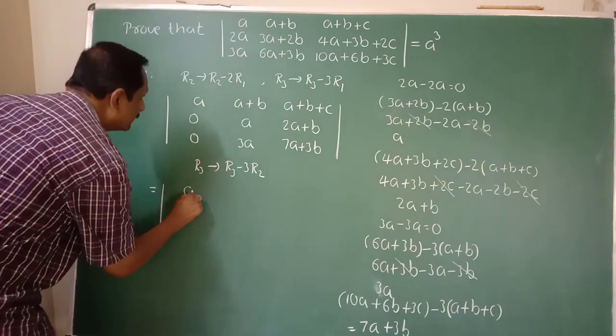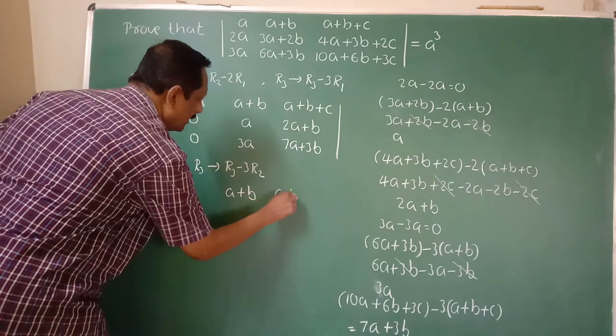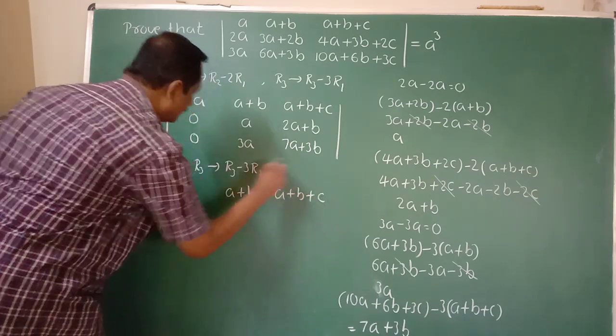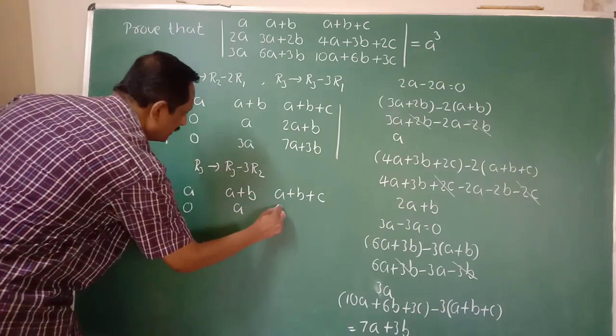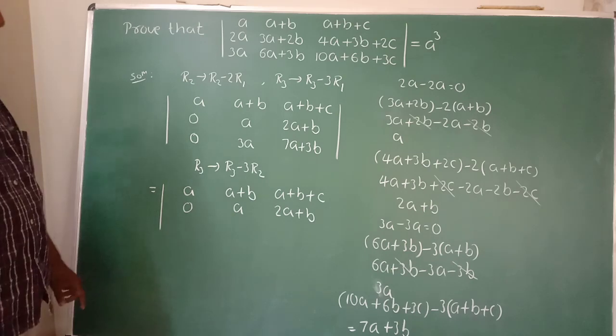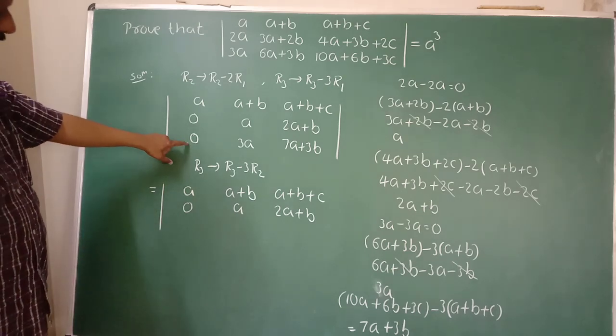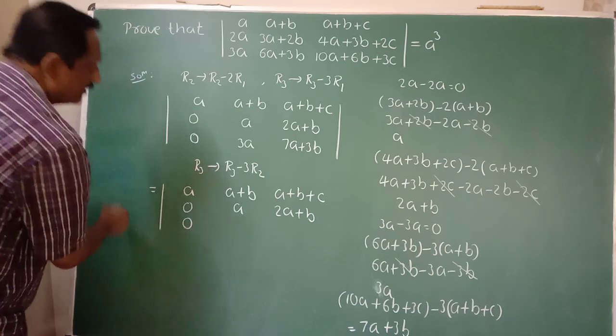So write a, a plus b, a plus b plus c. Then 0, 2a plus b, 2a plus b. Then 0 minus 0 becomes 0.